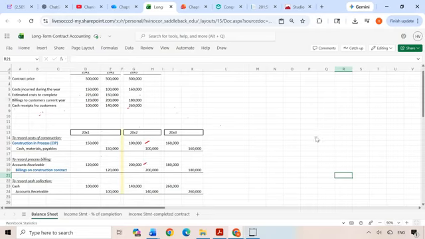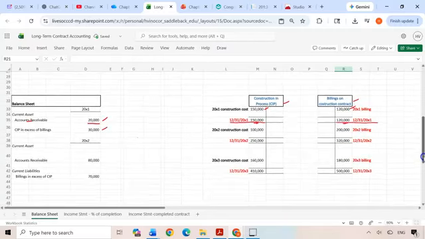So we're going to debit our accounts receivable and credit our billings on construction contract. And we're told that the cash that we've received is $140,000. So we're going to debit $140,000 cash and credit accounts receivable for $140,000. And then in year three, we're going to do the exact same entries for the year three information that we have provided.